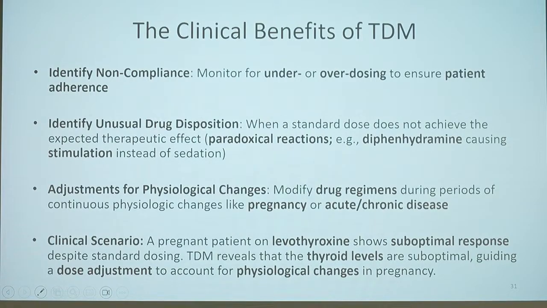Also, another important benefit is that we talked about disease states, liver issues, kidney issues, but temporary changes are also important indications for TDM. So in the case of pregnancy, that affects absorption, total body water, and phase 1 enzyme levels.